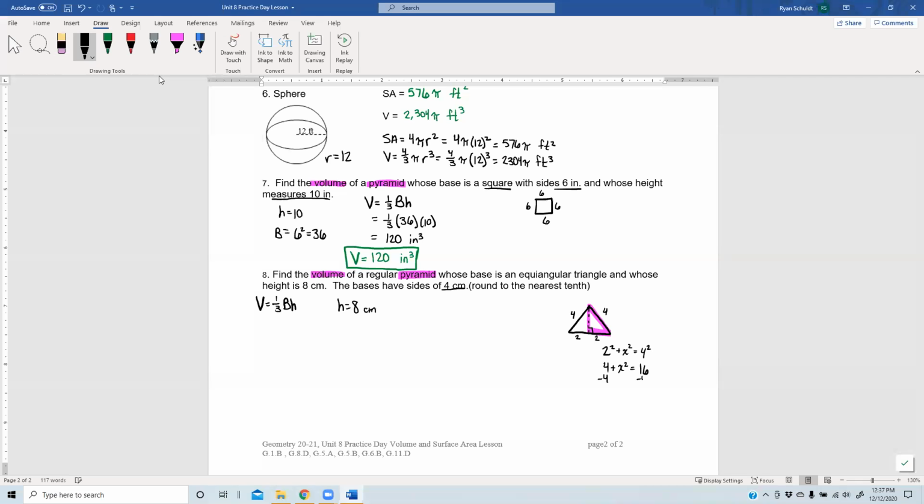Let's subtract them. So we're going to get that x squared is equal to 12. If I take the square root of that, that's not going to give me a nice number. So I'm just going to say that's the square root of 12.